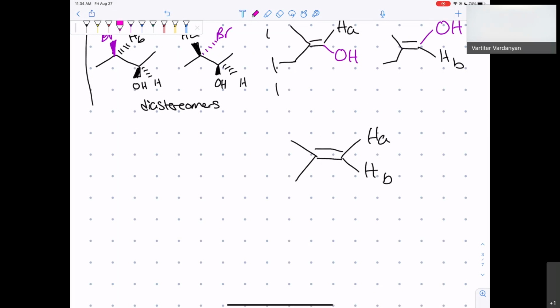If we were to cut it in half, this side is exactly symmetrical. So what's the relationship between HA and HB? Homotopic, yes. Because they would be exactly the same. There's symmetry across the whole molecule. And just to not confuse you, this is not all. So these are homotopic.